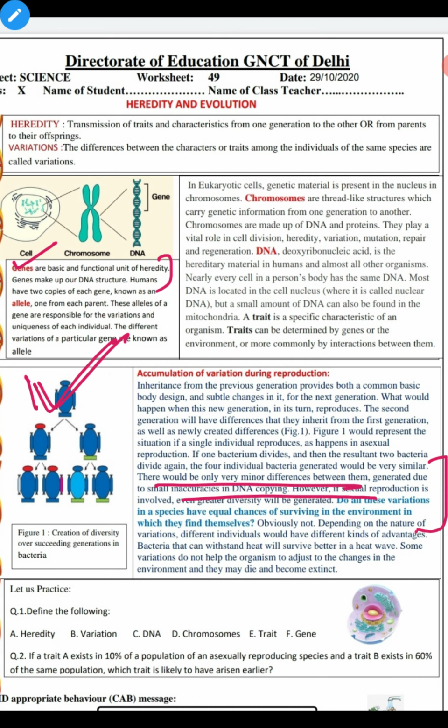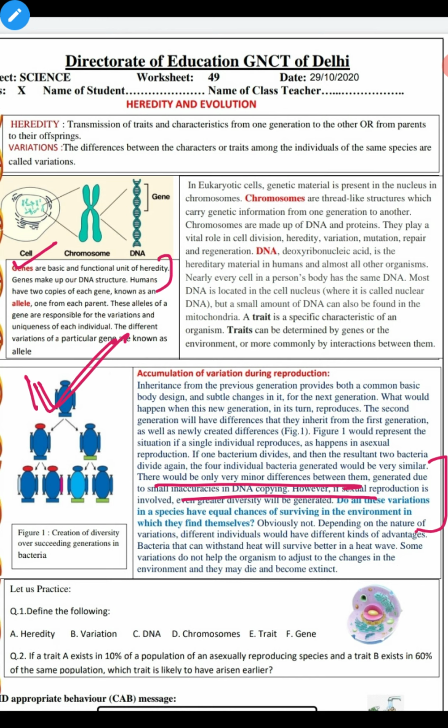Okay, so if we observe, on the basis of this we can say that if a trait is present in only 10% of the population, it is more likely that the trait has arisen recently, whereas trait B, which exists in 60% of the same population, arose earlier.